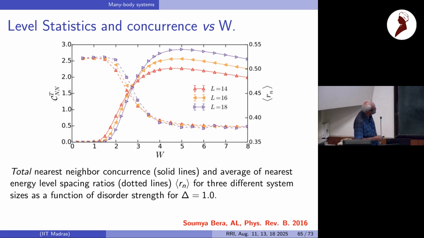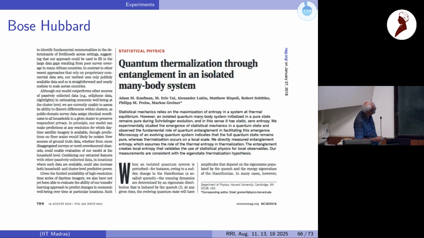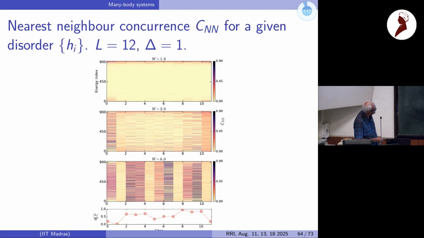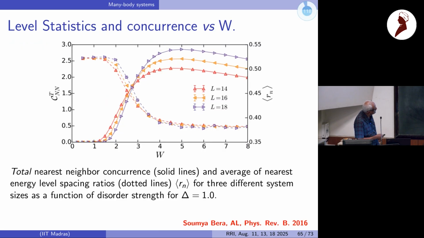It's very small for small disorder, which indicates that entanglement is more multipartite. And then as the disorder grows, it gets into entanglement between two spins and so on. So in the disordered phase, some of the eigenstates have large concurrence. Yes, that concurrence value is sort of related to the localization length.